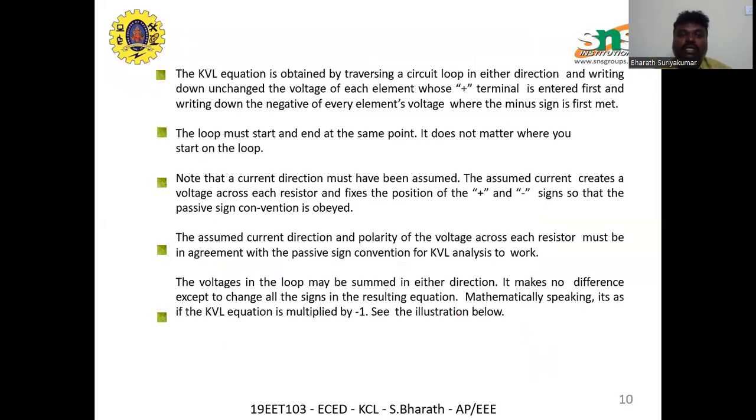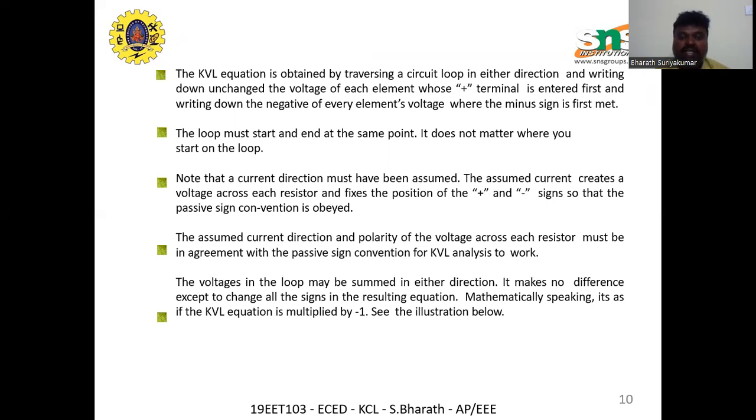This is called the loop law, or the path of traversal. The Kirchhoff's voltage equation is obtained by traversing a circuit loop in either direction and writing down the voltage of each element whose positive terminal is met first, and writing down the negative of every element voltage where the minus sign is met first. The loop must start and end at the same point. It does not matter where you start the loop.